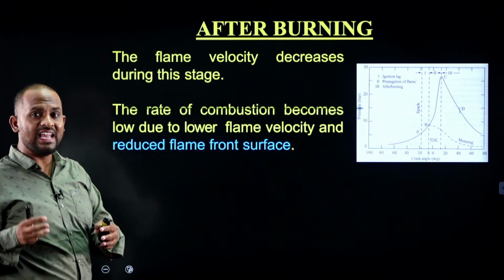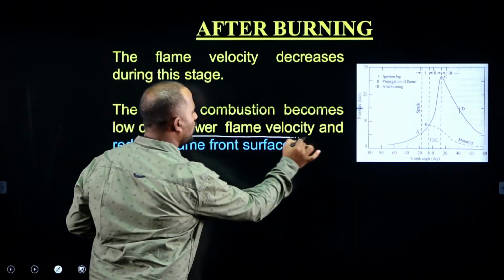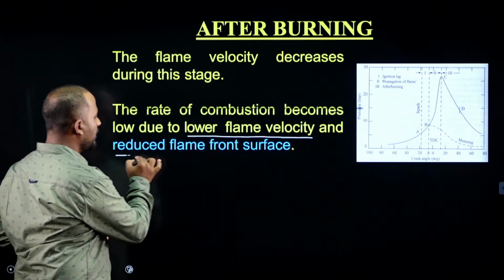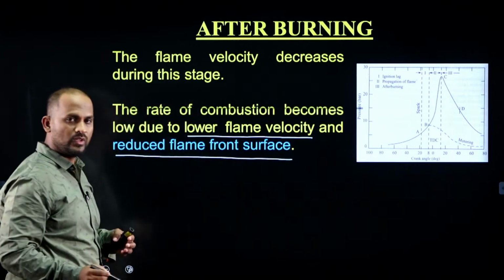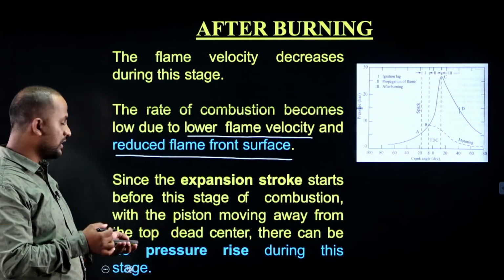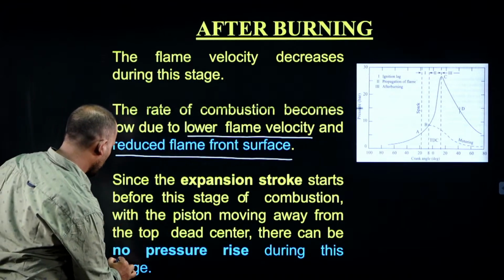Here very few fuel particles are present. That's why there will be a lower flame velocity, and also a reduced flame front surface in this after combustion stage. Because there are fewer fuel particles, there is no pressure rise.